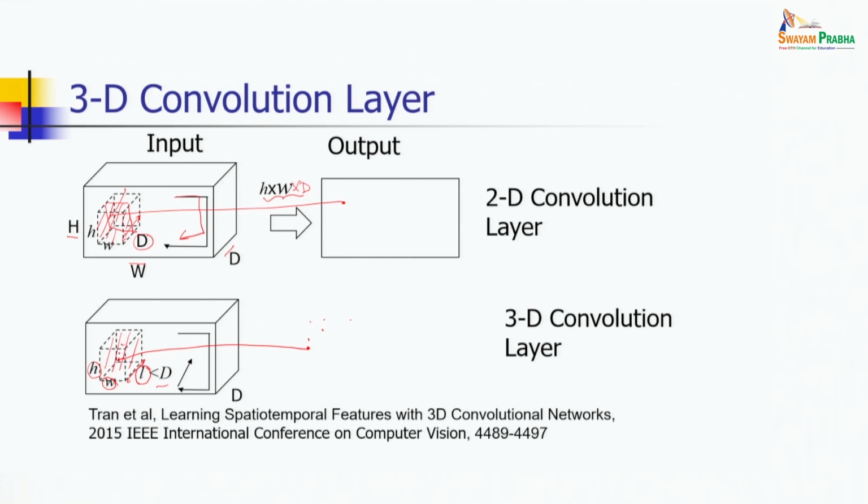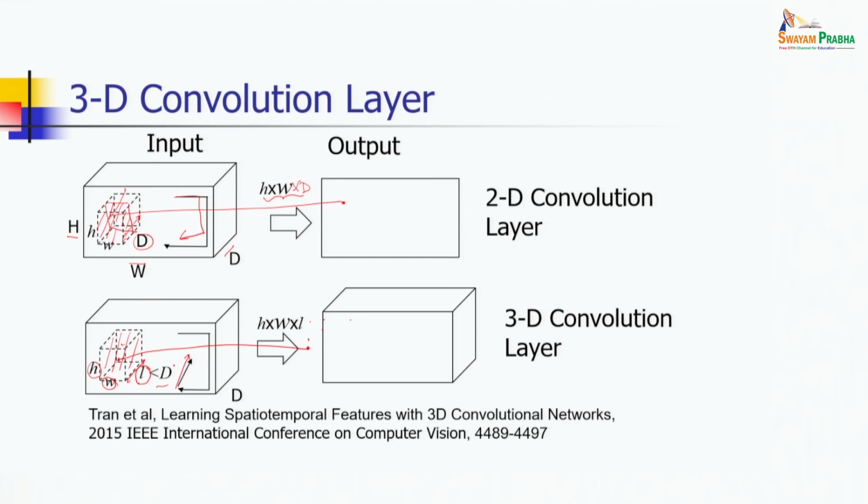So you are moving not only across height and width, but also along the depth, and accordingly it generates a three-dimensional convolved output.